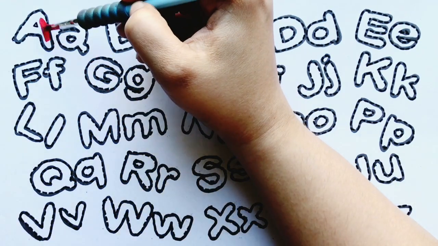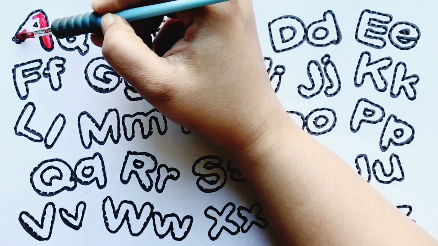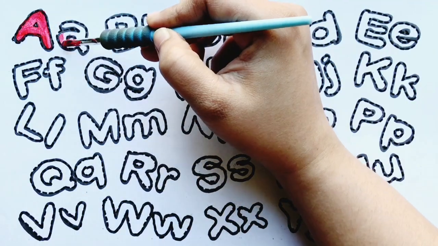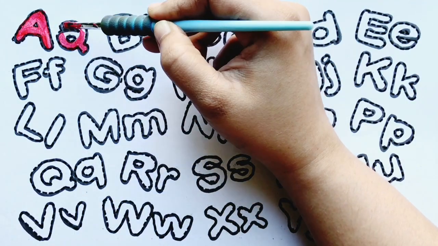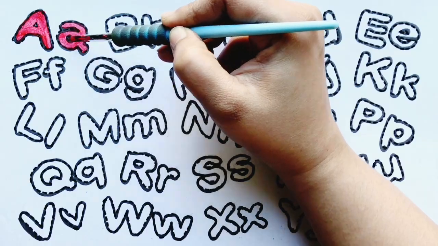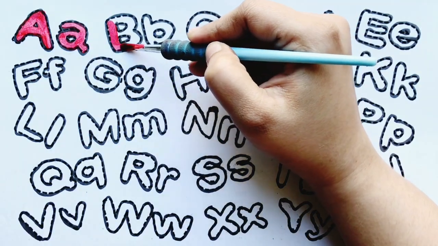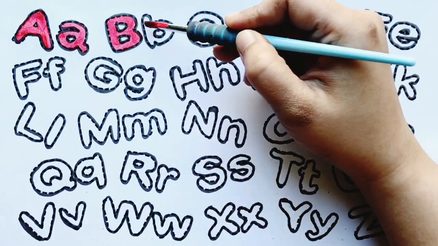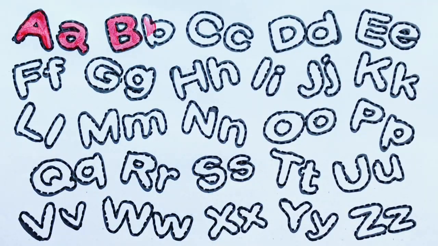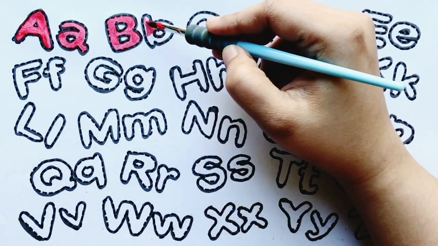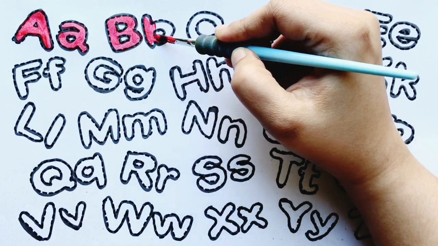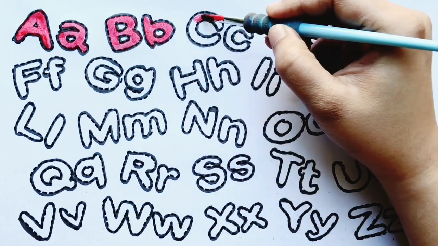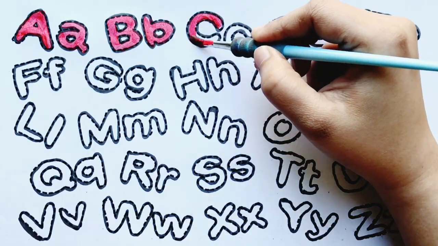Let's paint. Red color. A for aeroplane. Lowercase letter A for apple. B for bat. Lowercase letter B for ball. C for cow.